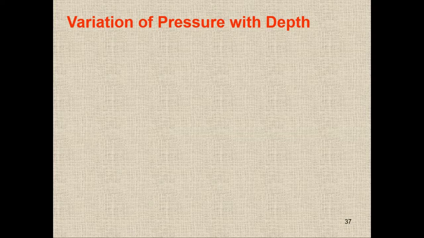So you have to remember that if we are moving upside, the pressure will decrease, and if we are moving downside, the pressure will increase, but on the same level for the same fluid, the pressure will remain the same.